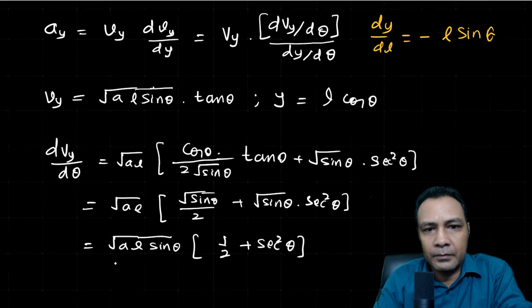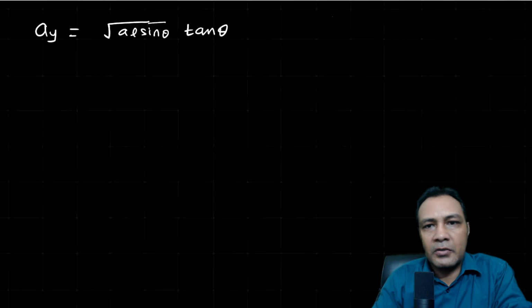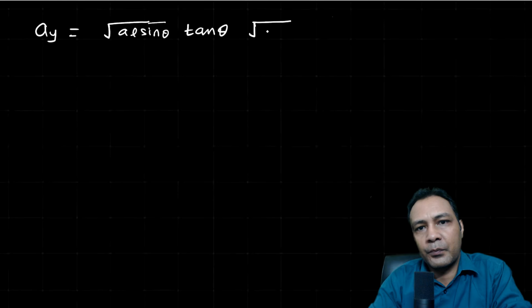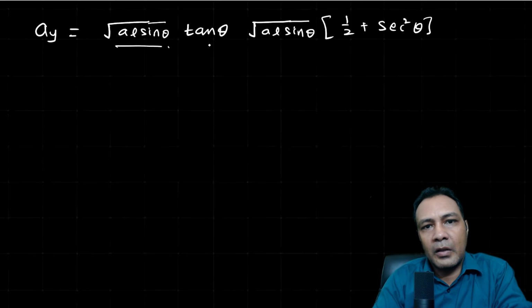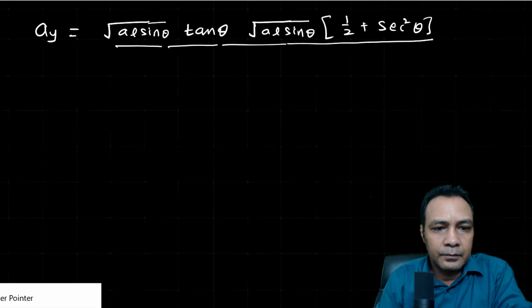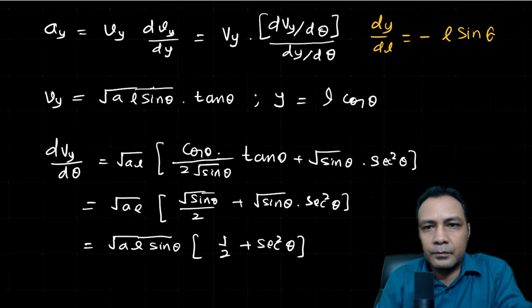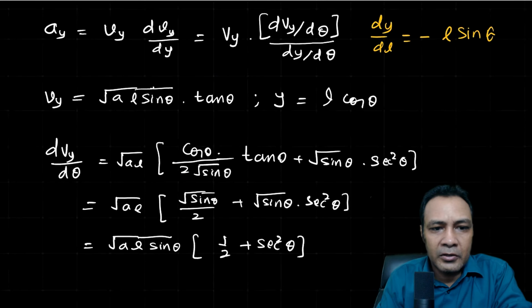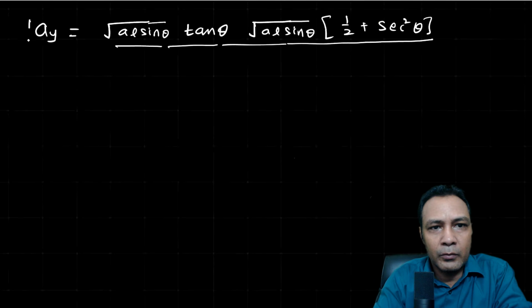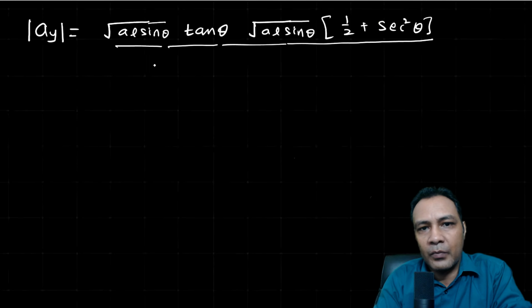We got this, so that is root AL sine theta times 1 by 2 plus sec square theta, and divide by dy by d theta. I am interested only in writing the magnitude because the direction I have decided.